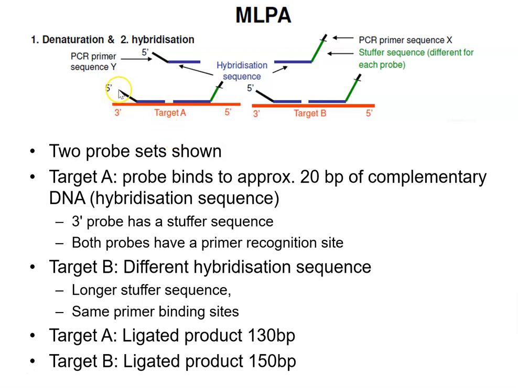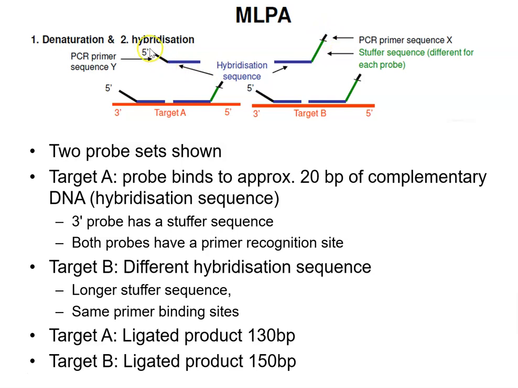Now the thing about this technique is these bits on the end do not bind to the target DNA, but they are part of the probe. These just flap around for now, and we can use these for detection purposes. Now the key part about these bits that don't bind to the target is they contain a primer binding site.